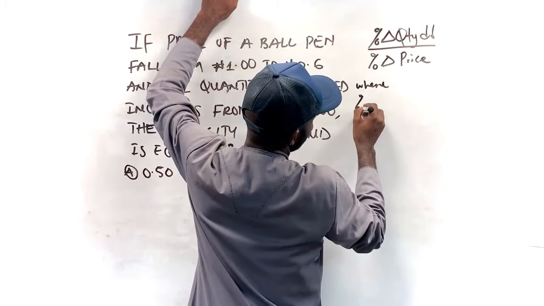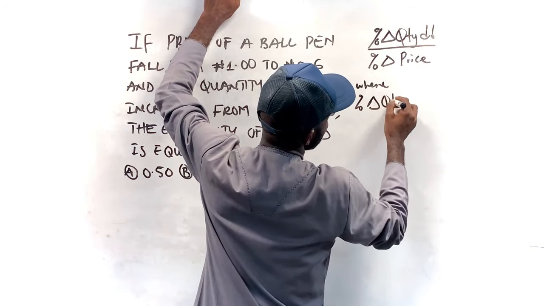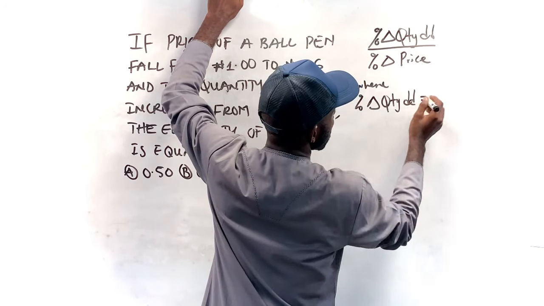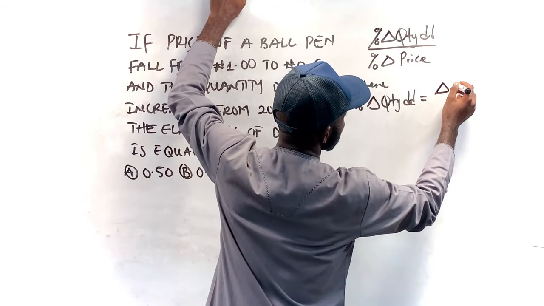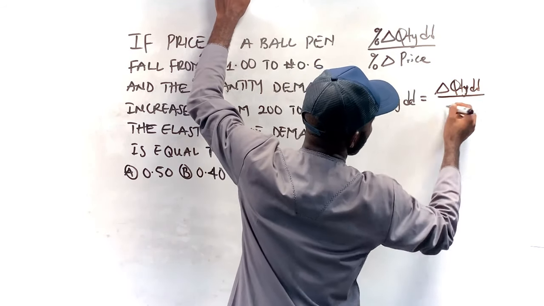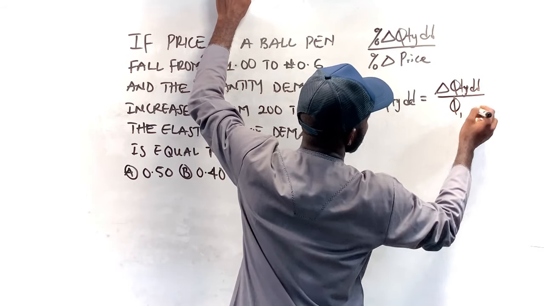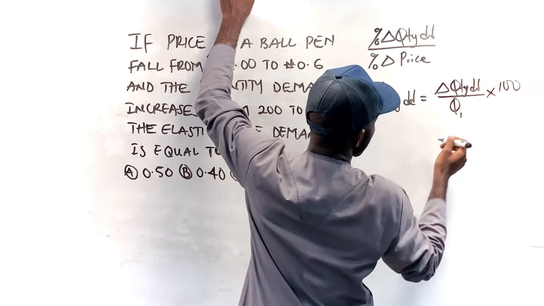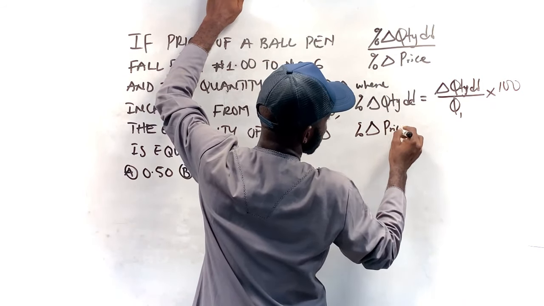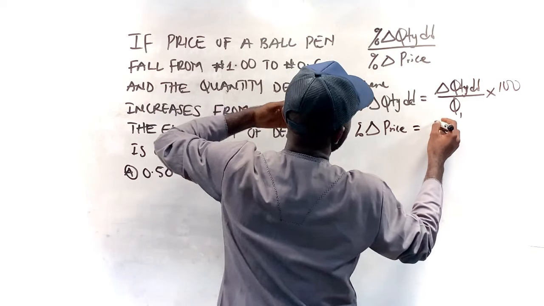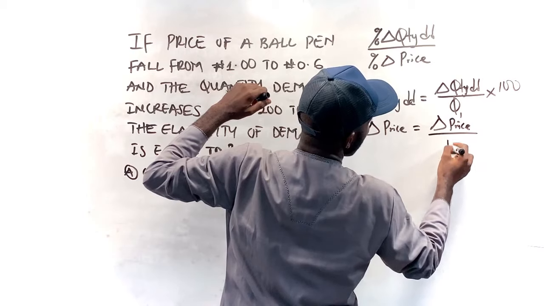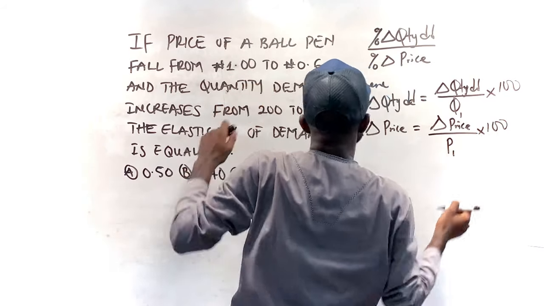Percentage change in quantity demanded also means change in quantity demanded over first quantity times 100, and percentage change in price can be addressed as change in price over first price times 100.